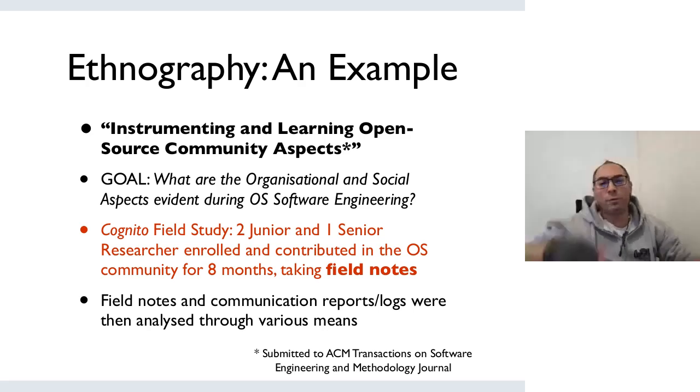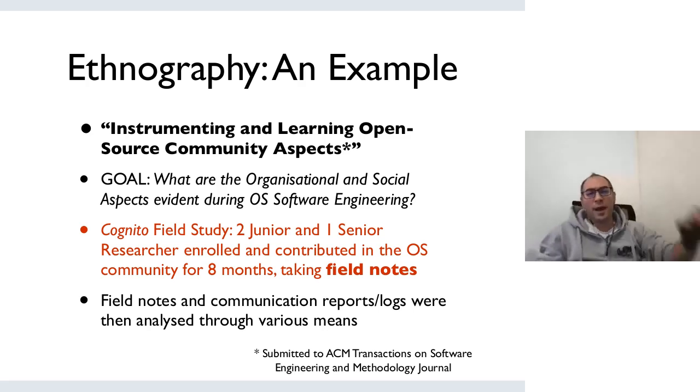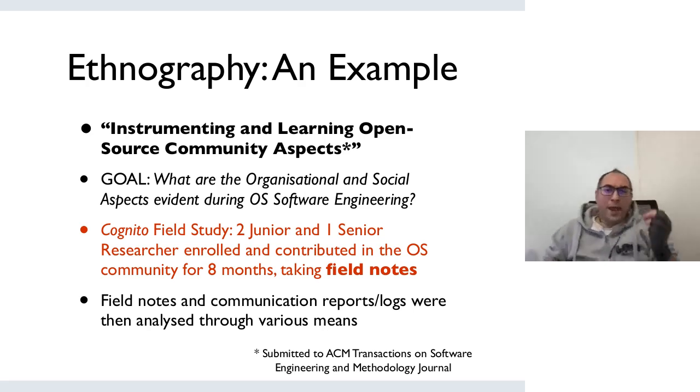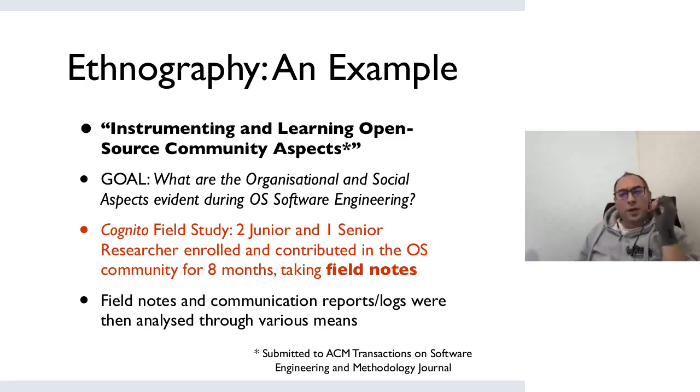So the example I want to bring to the table is how to instrument an ethnographic study. Now, the problem I had during my PhD was I needed to know how an organizational structure dealing with a large-scale software artifact was behaving from a social and socio-technical perspective.